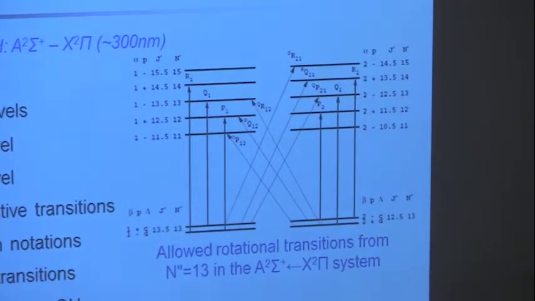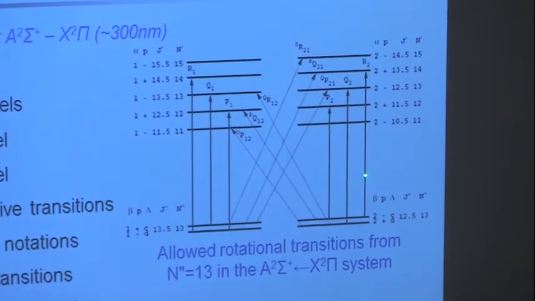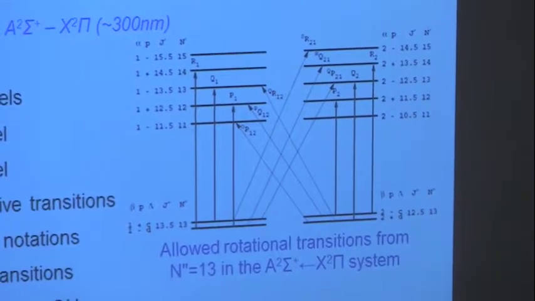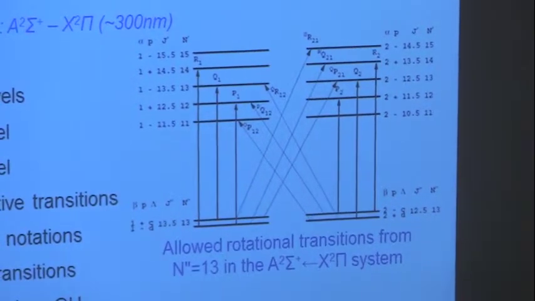So when you're all through, you find that there are 6 strongly allowed, meaning P, Q, or R transitions that can be found. These diagonal lines correspond to the fact that you can also have weak satellite bands in which the subscript numbers change. I can go from a 1 to a 2 here.